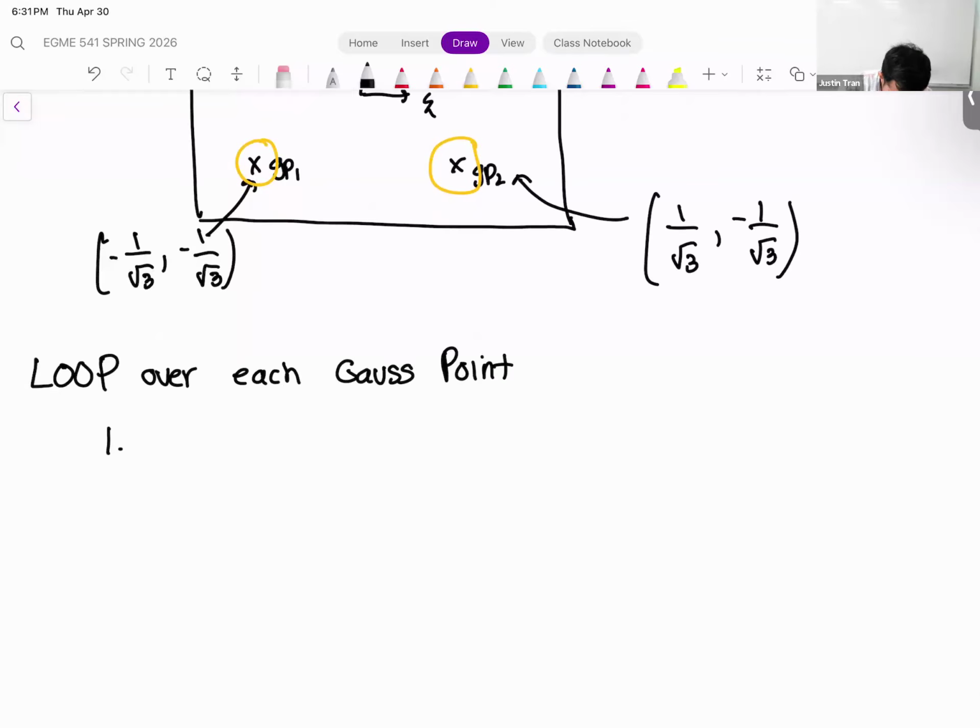All right, step 1. The first thing to do when you enter the loop is to establish the value of the Gauss coordinates.